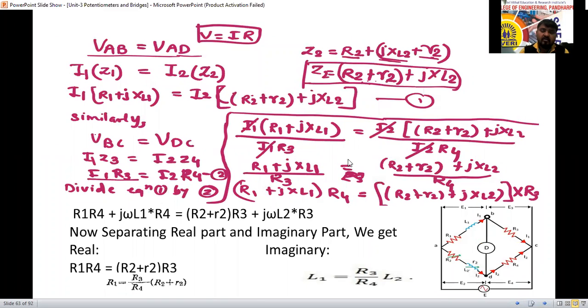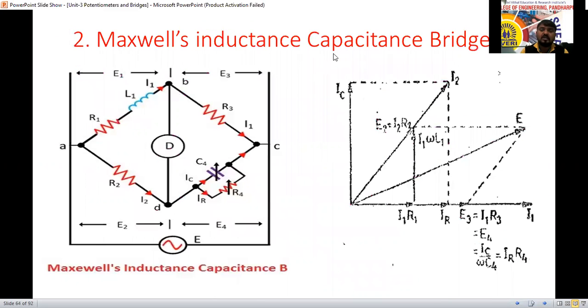Next, we will go for the Maxwell inductance capacitance bridge. I told you, Maxwell has derived two bridges: the Maxwell inductance bridge, and the second one, the Maxwell inductance capacitance bridge. Now compare with your previous diagram. R1 L1 is the same. Here only R2 is there, but in the previous Maxwell inductance bridge R2 L2 was there.